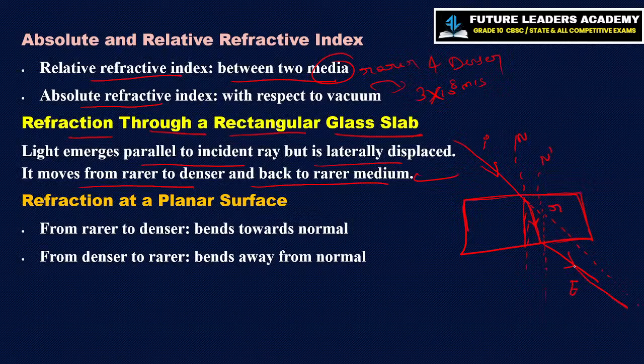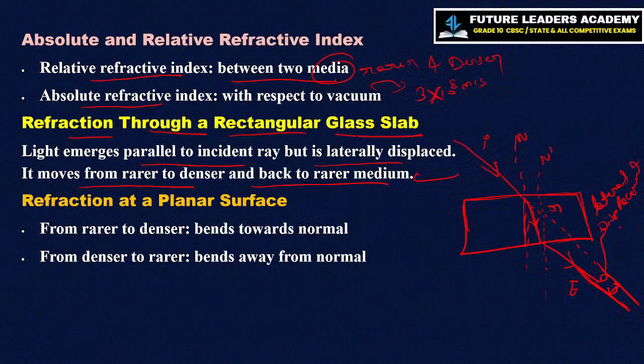The emergent ray goes like this, and the incident and emergent rays are parallel. The distance between them is called D, the lateral displacement.